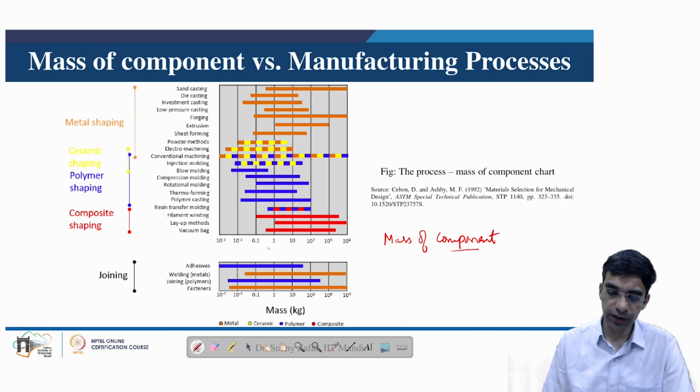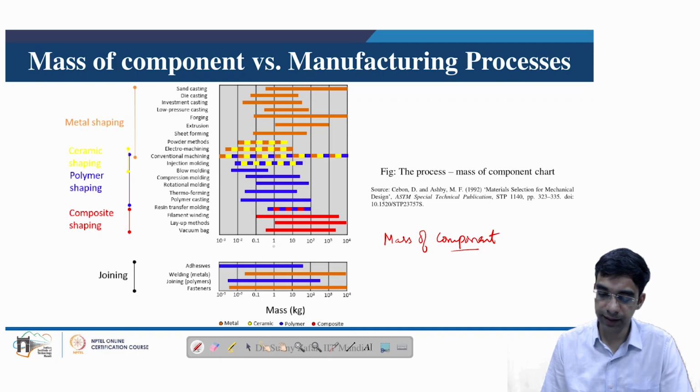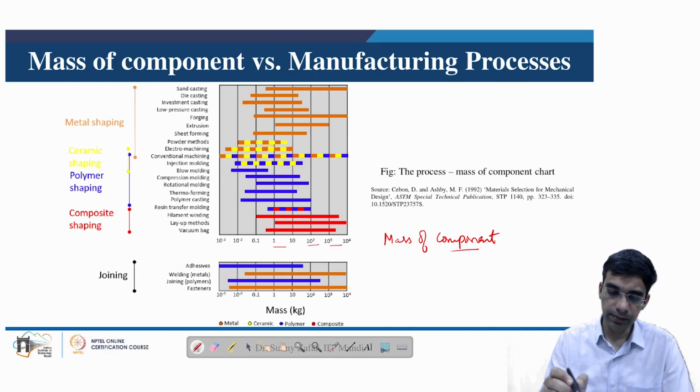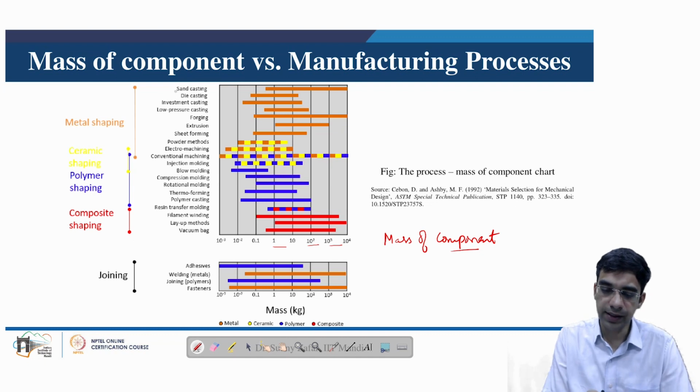So mass of the component here is basically specified in kilograms. So here again manufacturing processes are listed on the y-axis, and mass of the product is listed on the x-axis. So here we can see that some processes, for example the sand casting process, can manage mass from, say, 1 kilogram to maybe 10,000 kilograms. So very heavy parts can be manufactured using sand casting.